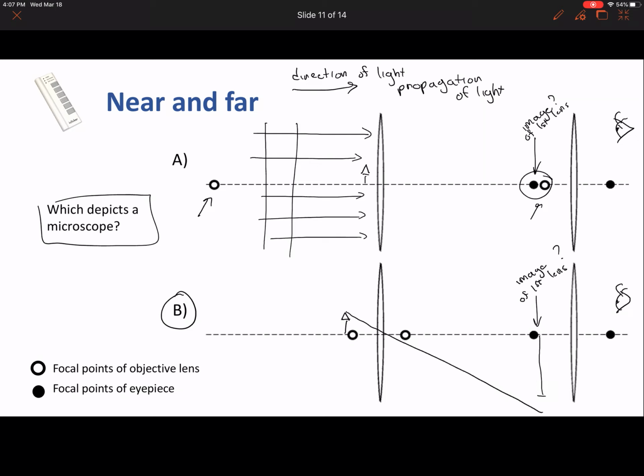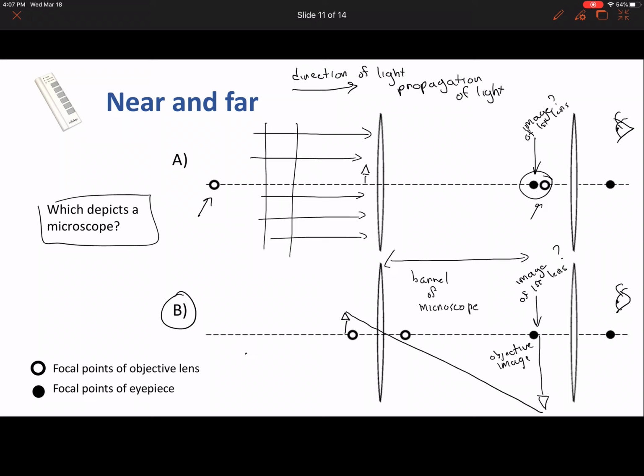And I position the barrel of the microscope, so this is kind of the barrel of the microscope, such that that image created by the objective is just inside the focal point of the eyepiece. So now I've magnified it once. I'm going to use the eyepiece to magnify it again. So B is my microscope.